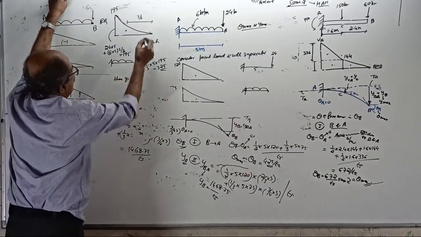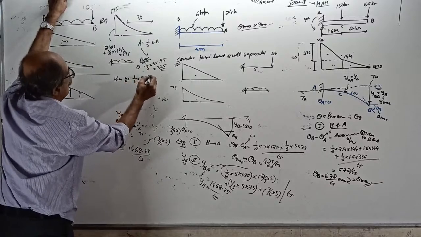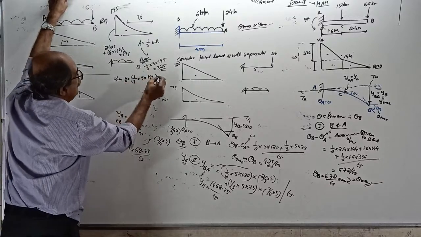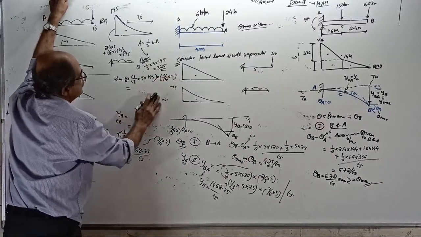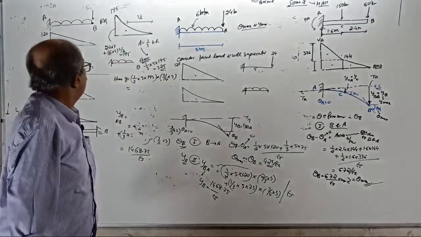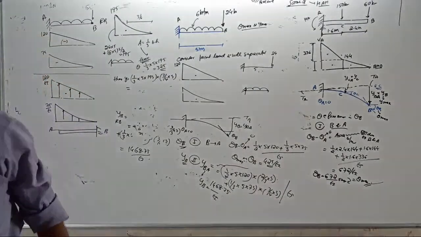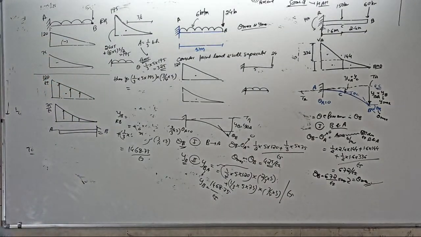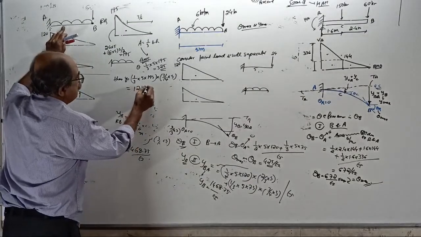And their deflection equals 1/3 of 5 into 195 into, they will write 3/4 of 5. Their deflection answer is 118.75.